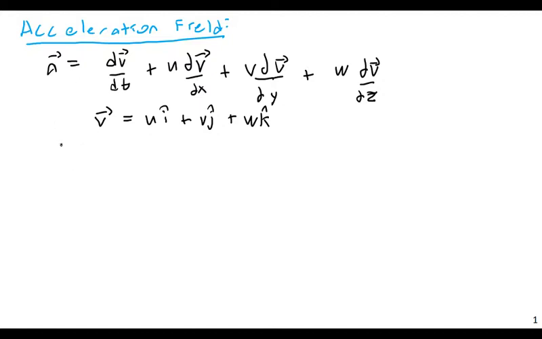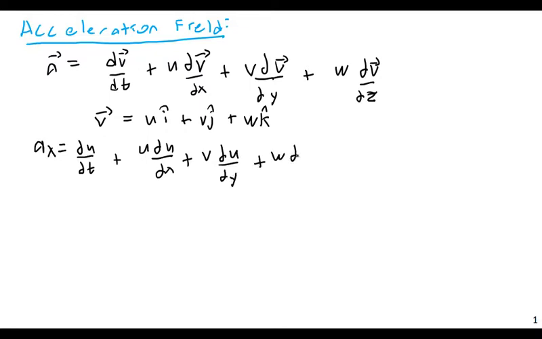But then if we break this down to look at a field at a point, I could say the x component, ax, is the partial of u with respect to t, plus u times the partial of u with respect to x, plus v times the partial of u with respect to y, plus w times the partial of u with respect to z.